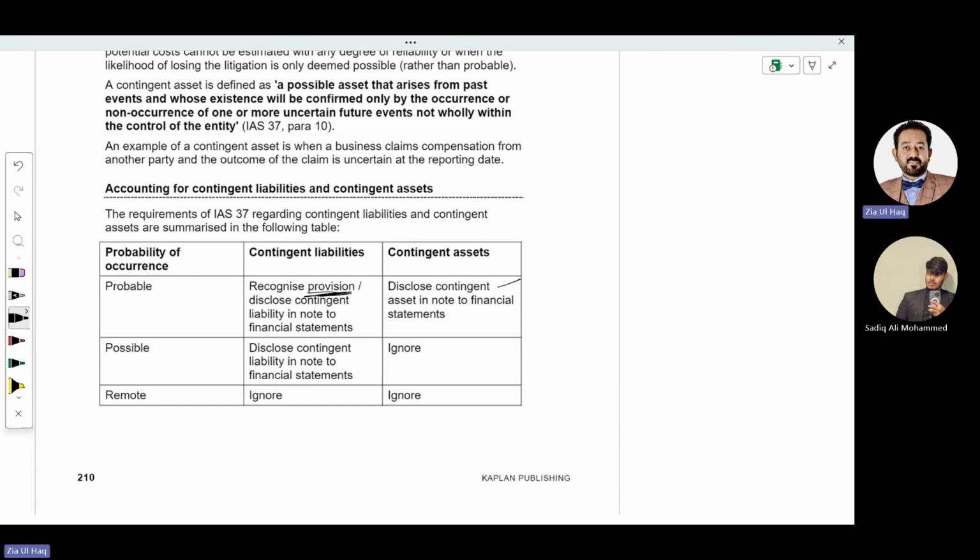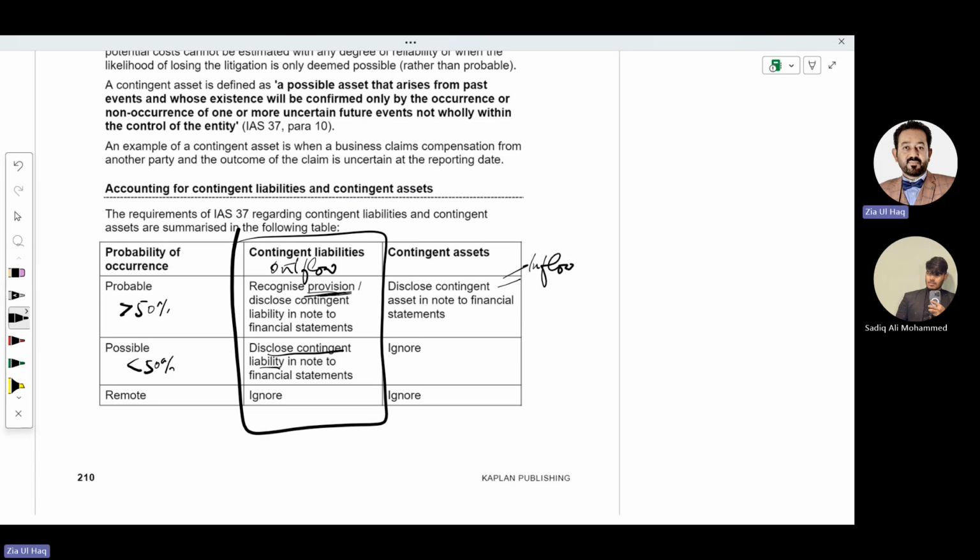If there is a probability, meaning chances are greater than 50%, provision. If there is a possibility, meaning chances are less than 50%, in that case, contingent liability should be disclosed. If remote, meaning chances are less than 5%, in that case, it should be ignored.